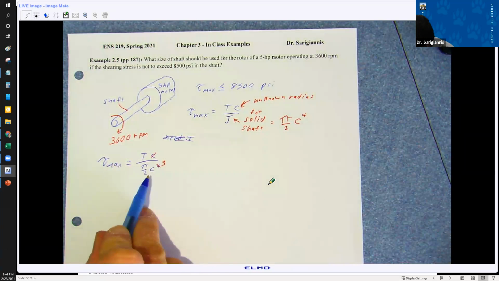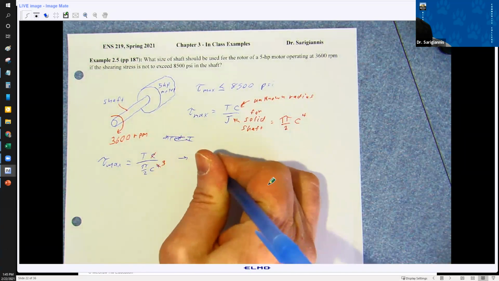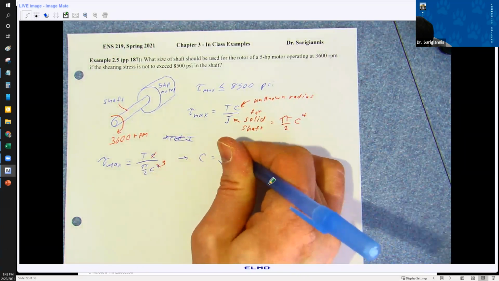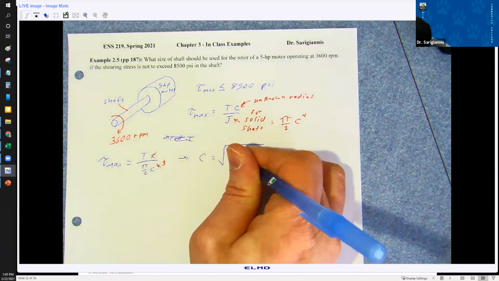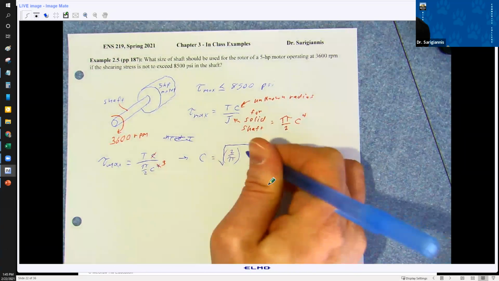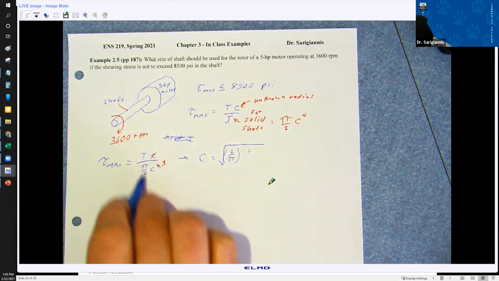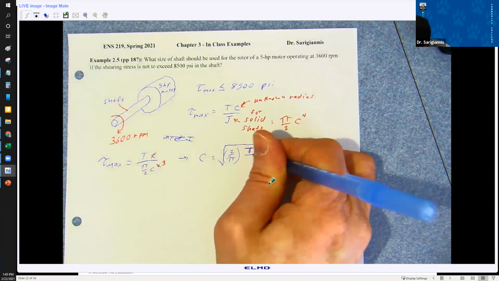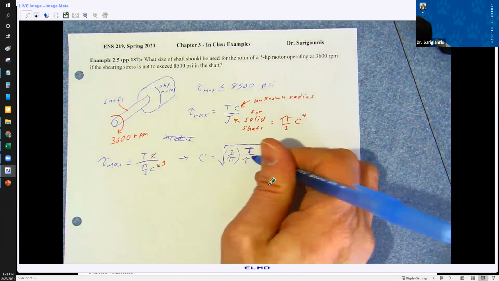We want to find C. So C is just going to be equal to the cube root of, what are we going to have? We're going to have 2 over pi times the torque on top, and then we'll have shear stress on the bottom.